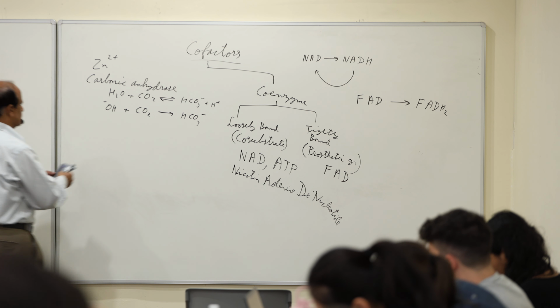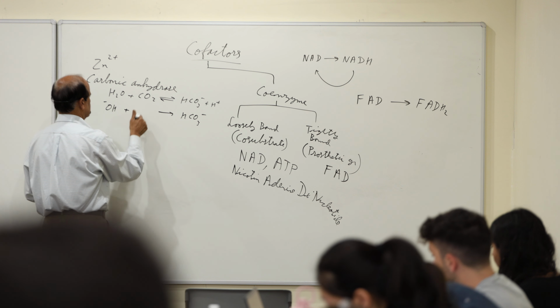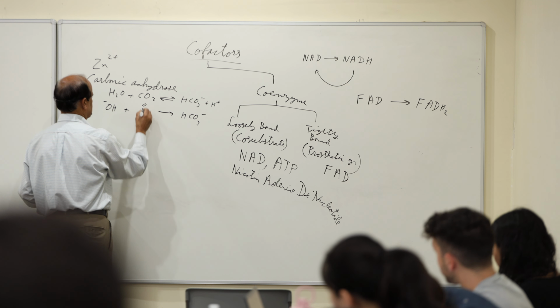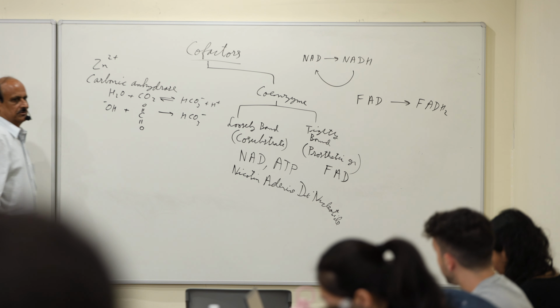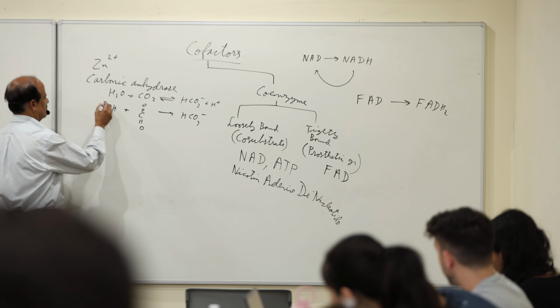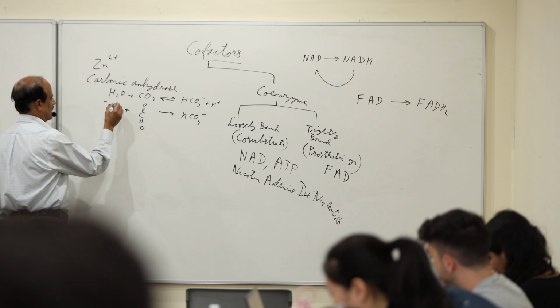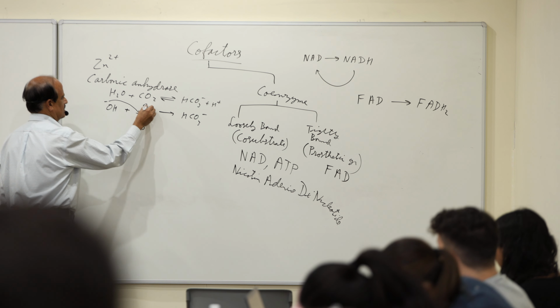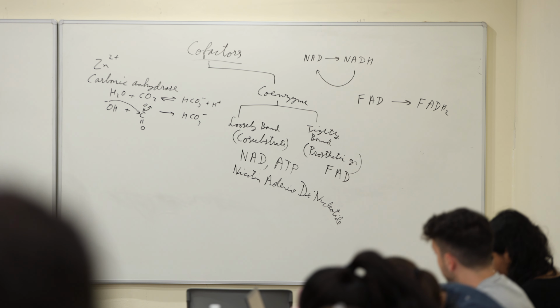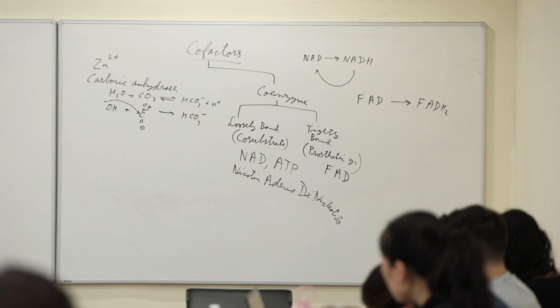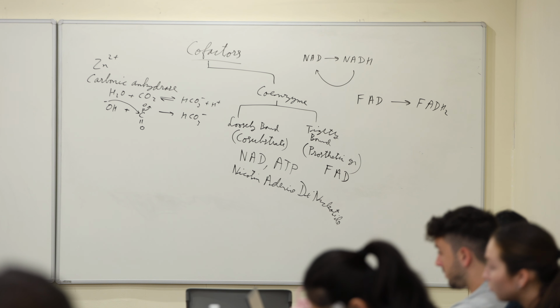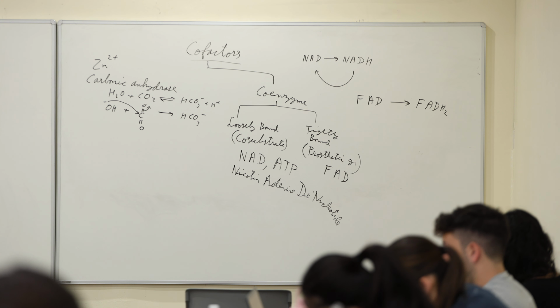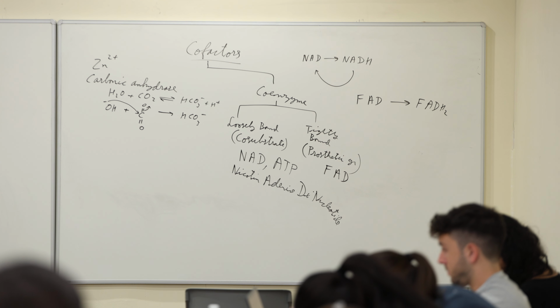I'm not going into the mechanism, but basically carbon dioxide has a carbon with double bonds to oxygen, and the negative charge, the hydroxide being a very strong nucleophile, reacts at this carbon, and that's how you get bicarbonate ion. But of course, in the cell, you cannot use hydroxide, everything's at pH 7. And that's where the enzyme comes in.